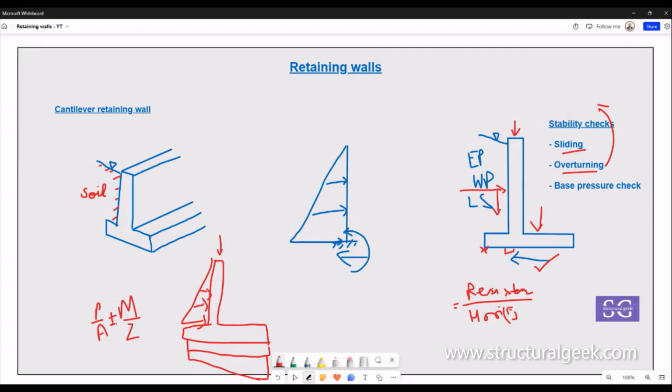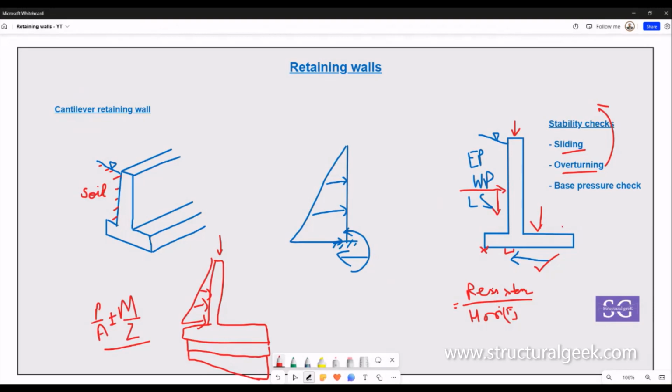So for the negative moment, we will be getting a lesser value, which is P by A minus M by Z. If that P by A minus M by Z turns out to be overall negative, there will be a loss of contact, and we need to ensure whether the base is okay with the reduced width that we'll be getting. Similarly, P by A plus M by Z will be the more compressive value, and we need to ensure the base pressure is less than the bearing capacity of the soil.